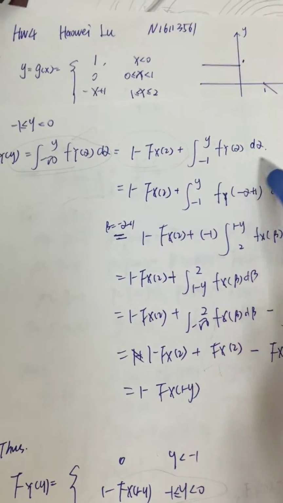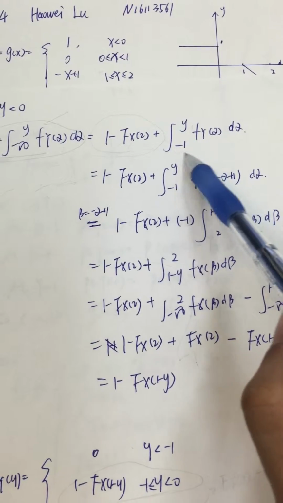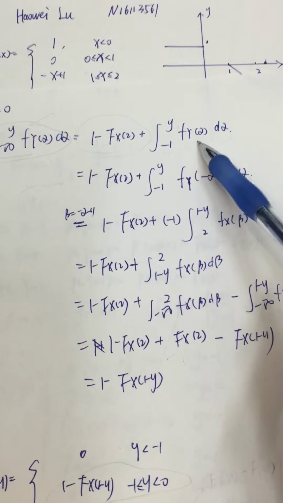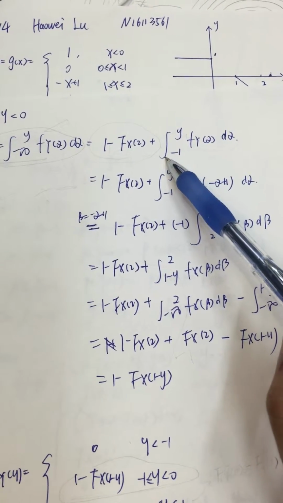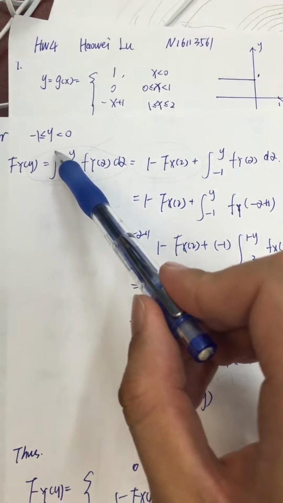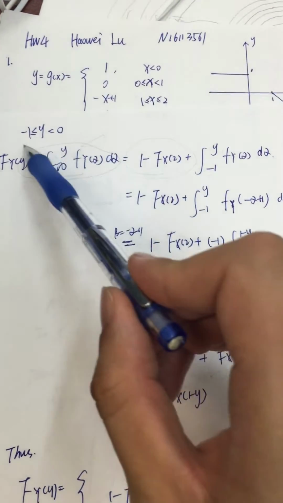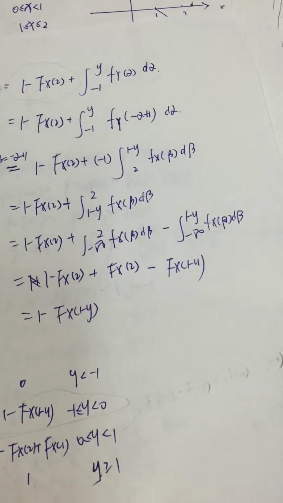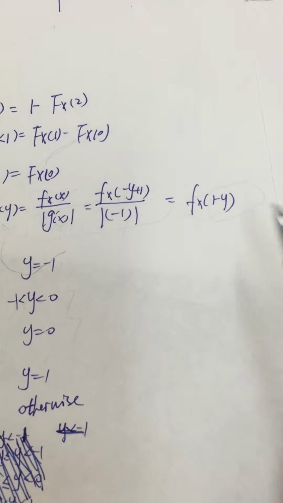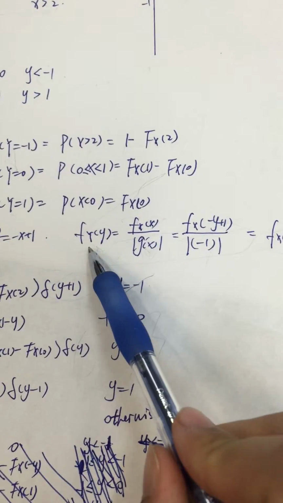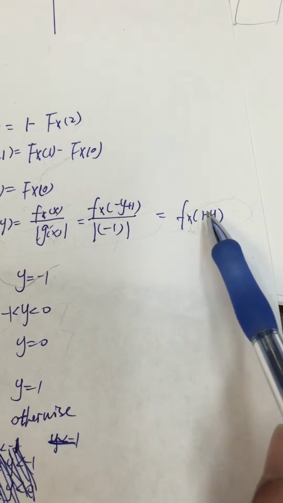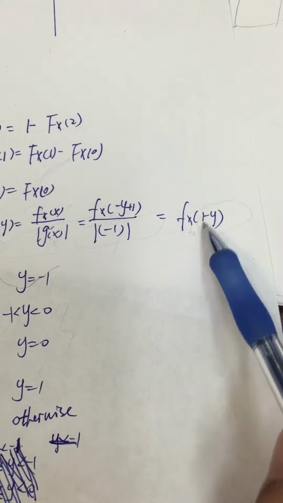The second part is from -1 to y, the integration of this one. In the area of -1 to y, we know that the density function of y equals the density of x over the bracket, which is 1.